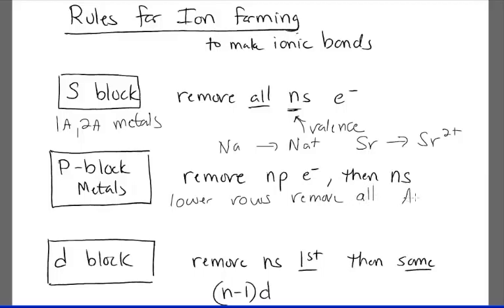So for example, aluminum will become Al3+. That's in the p block. But in the lower levels, for example, lead, if you look where lead is on the periodic table, it would have an awful lot of electrons to remove in the entire row. It tends to remove 2 or sometimes 4 electrons. So you remove the p electrons first, and then if you're going to remove more electrons, you remove the s.